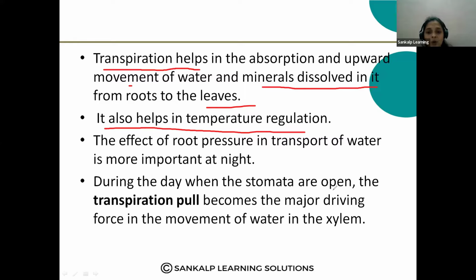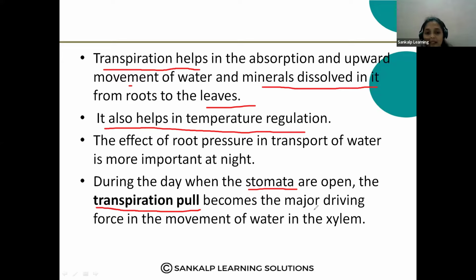Stomata open means the transpiration process takes place. If the transpiration process is taking place inside the plant's body, there is a creation of the transpiration pull, meaning it is absorbing the water from the soil and it is moving in the xylem.